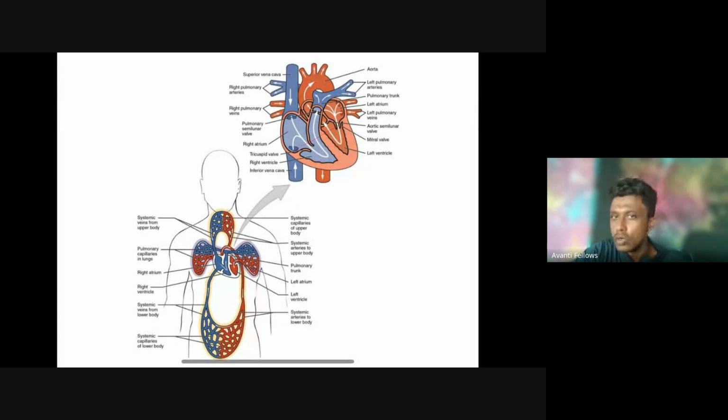The upper chambers are the right atrium and the left atrium. You can see here, the right atrium and the left atrium act as the receiving chambers of the blood. The blood comes from the superior vena cava and the inferior vena cava. The superior vena cava is a blood vessel that brings the deoxygenated blood from the upper body.